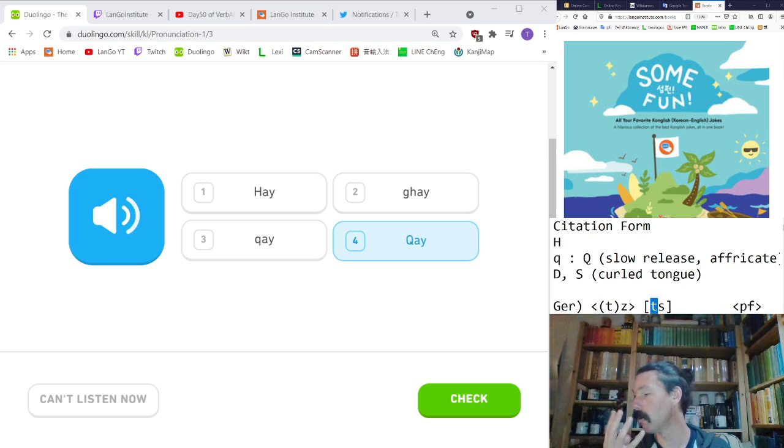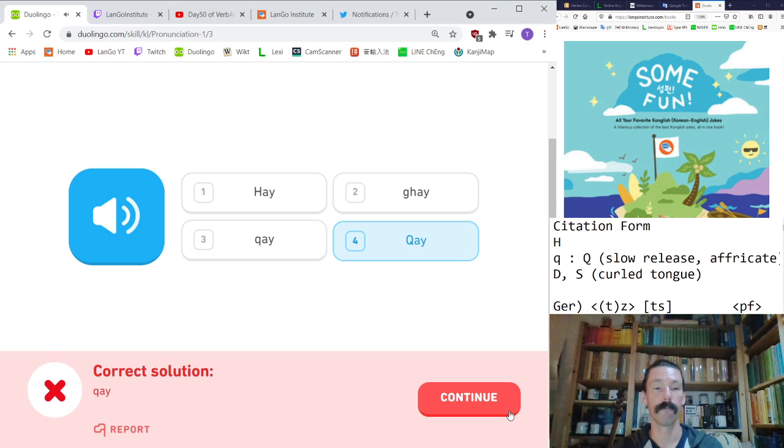Instead of going from closed to open to ta, if we slow that down, we get tsa. And if we do the same thing with the lips, instead of a smooth pa with quick release, it would be pfa, where there's a period of a fricative in the production of that.